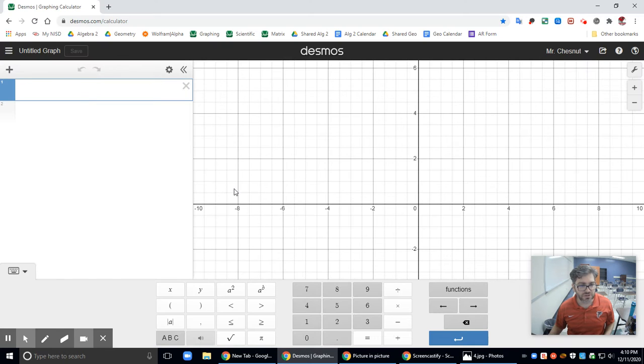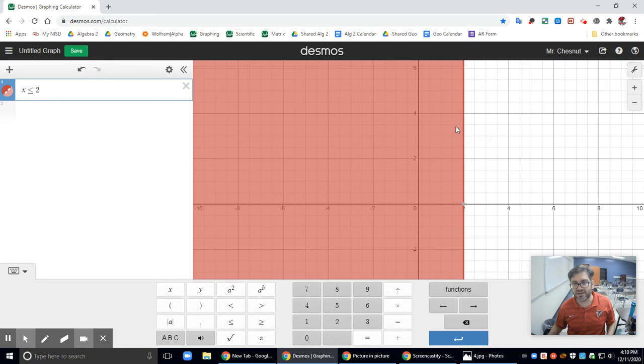In Desmos, you can graph inequalities. I can type in x, and you have all your inequality symbols right around here. So I'm going to do x is less than or equal to 2. What's nice is it will give you a solid line if it's underlined, and if it's not underlined, it'll give you a dashed line. So if that's something you don't remember, you'll be able to at least see it in the graph.